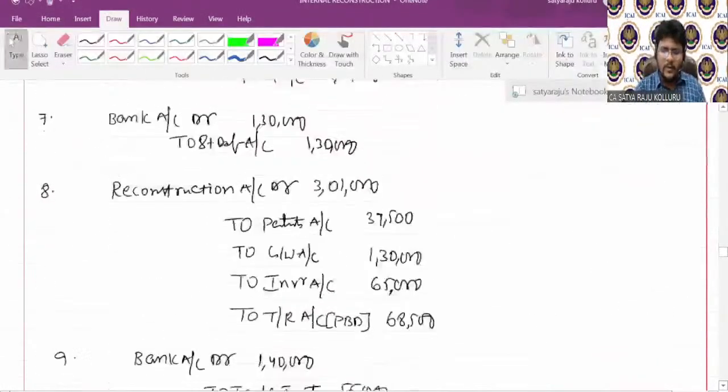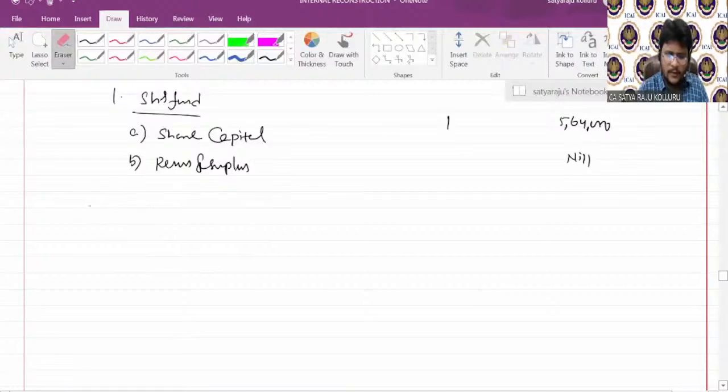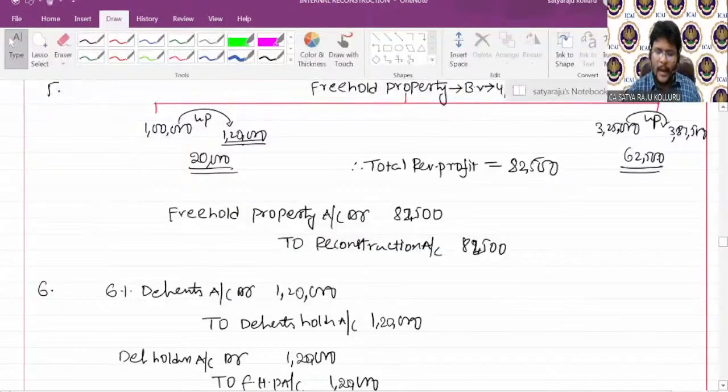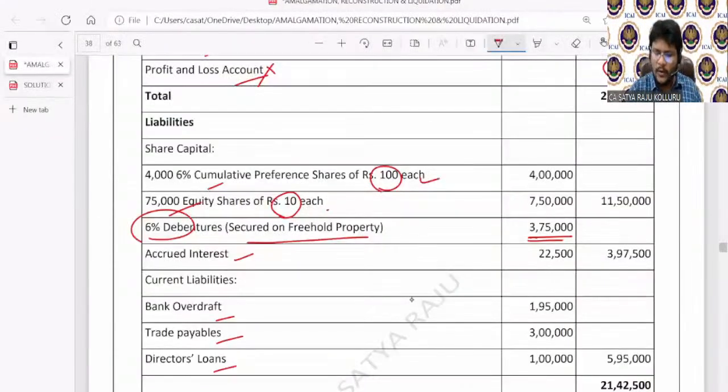Okay. Next, come to the next issue, non-current liabilities, number 2. Under liabilities, we have 6% debentures of rupees 3,75,000. Out of this 3,75,000, we paid 1,20,000 by giving the freehold property. So 3,75,000 minus 1,20,000 is 2,55,000.